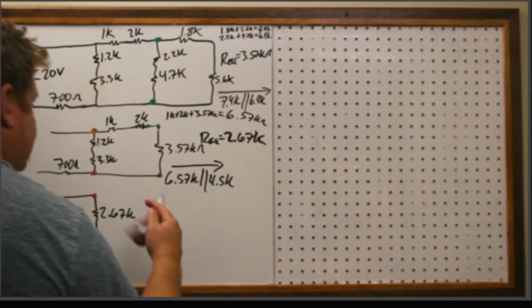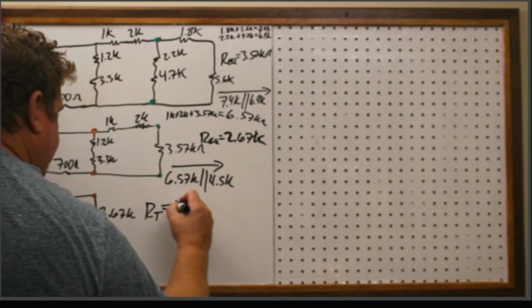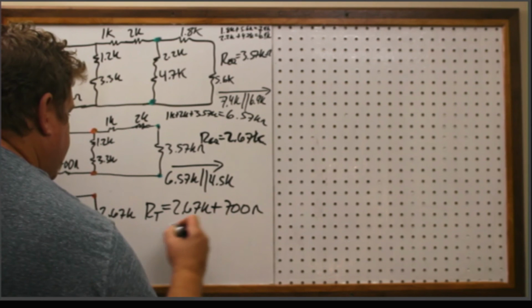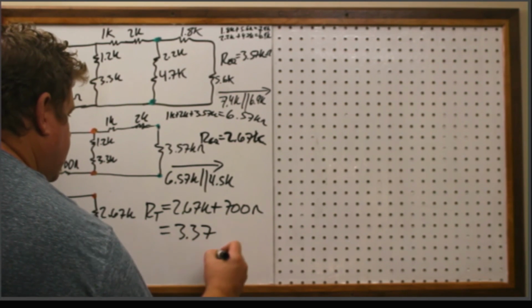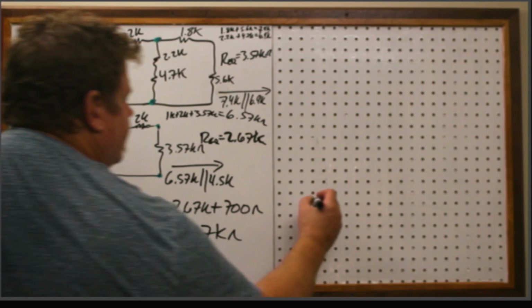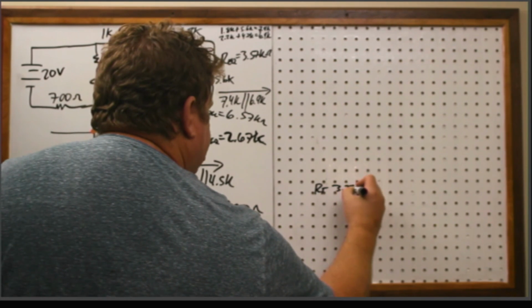Okay, so now I can say RT is 2.67 plus 700. So 2.67K plus 700 ohms is going to be, what, 3.37 kilo ohms. So my total resistance, 3.37K.